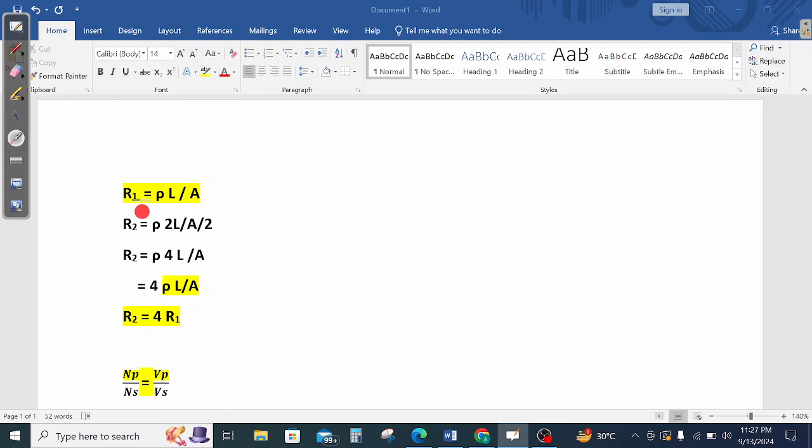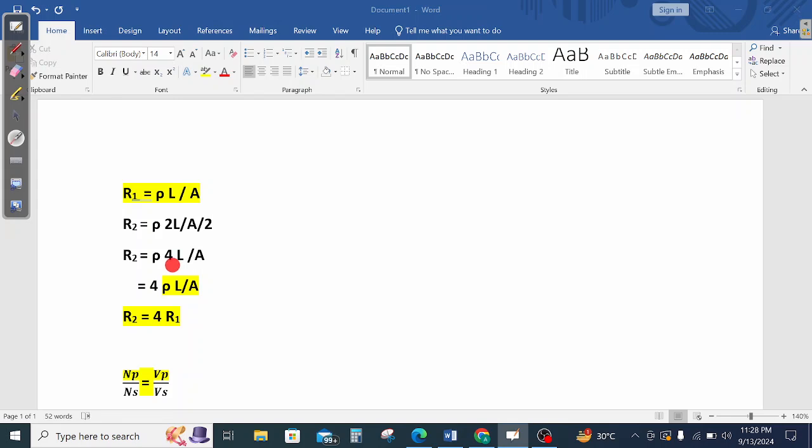So in the second wire, whose resistance we have to find, that is R2. The question mentions the length is double, so you replace L with 2L, and the area is half, so I replace A with A by 2. This 2 is in the denominator of the denominator, so it becomes a numerator and multiplies with the other 2, which becomes 4.